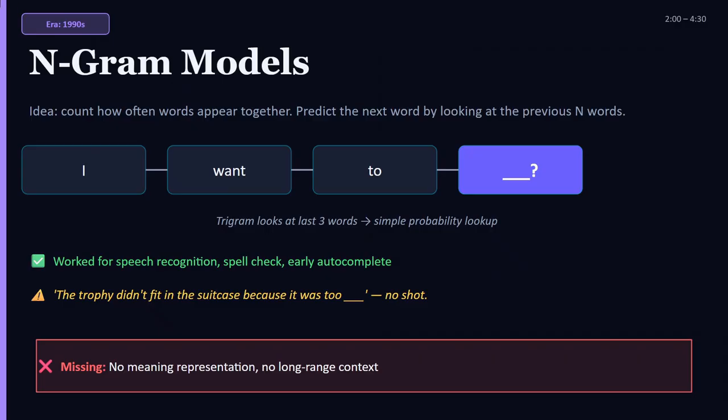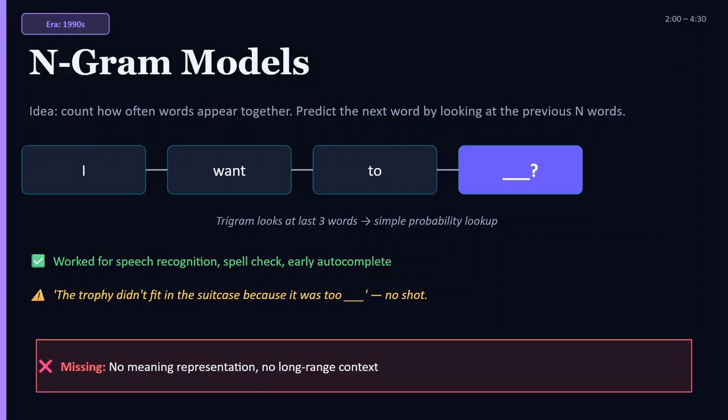This year is roughly the 1990s. Researchers want to predict the next word in a sentence. Their idea is pretty simple, that is, count. Yes, just count how often words appear together in large texts. An n-gram model says to predict the next word, just look at the previous n words. So a bigram, I want dash.